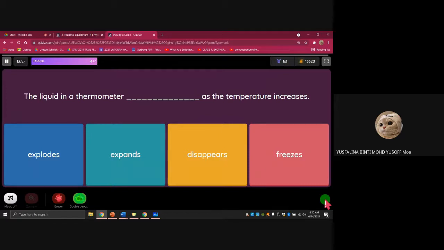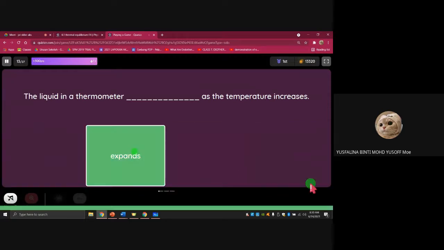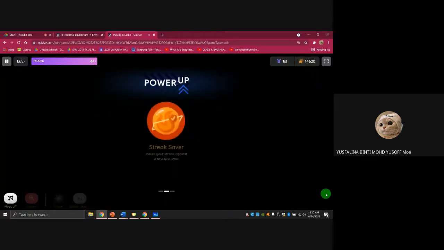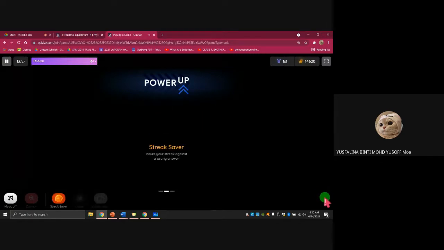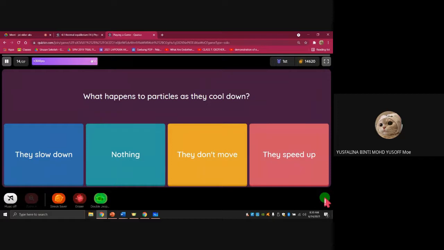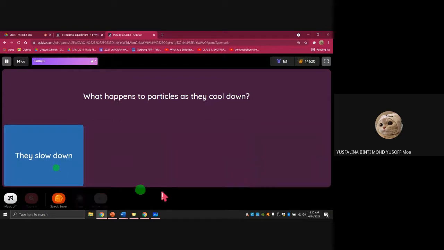This one I already told, what happens to the mercury when you heat the mercury. Number 2, it will expand. Okay, very good. Okay, number 14, Sajif. What happens to the particles as they cool down? This one I explained. Number 1, they slow down. Very good.